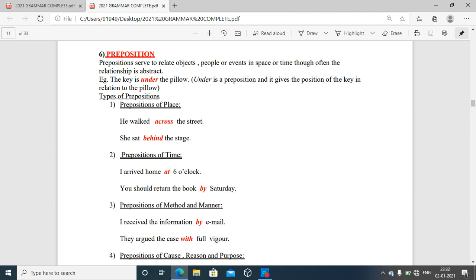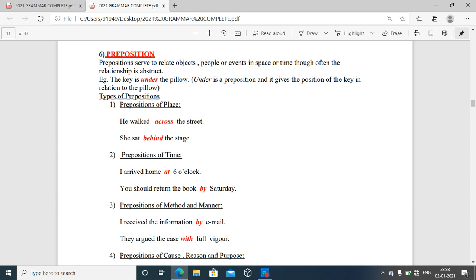See where the key is placed as far as the pillow is concerned. As it is under the pillow, that preposition gives us the idea of the position of the key. So definitely, under is a preposition, and it gives the position of the key in relation to the pillow.